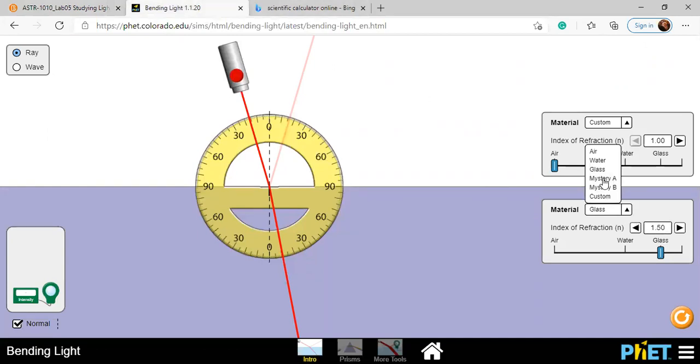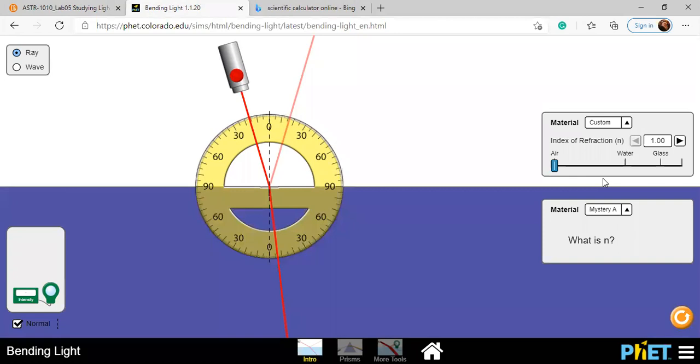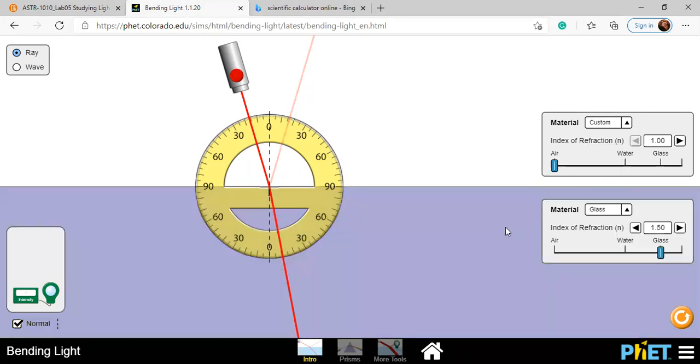If you click right here is the mystery material. Okay, so with this mystery material, as like before, I don't know the value of n. That is, I don't know the refractive index. It looks like more denser right now. Look at here. If I put glass, it's rarer, right? Not dense.